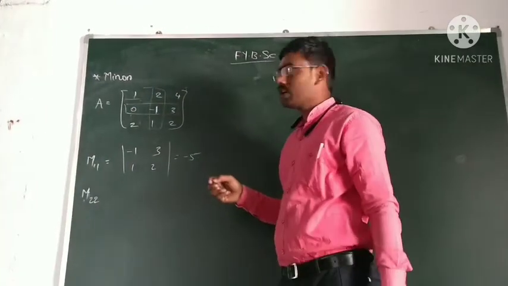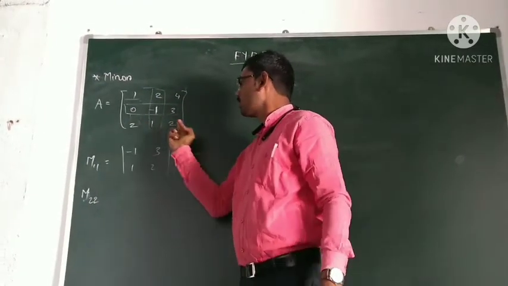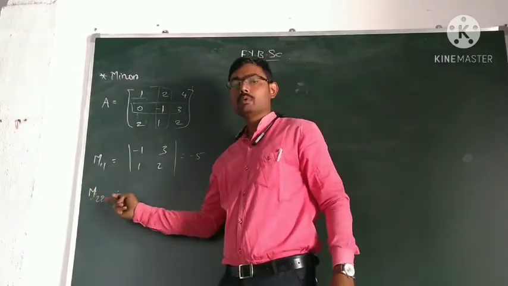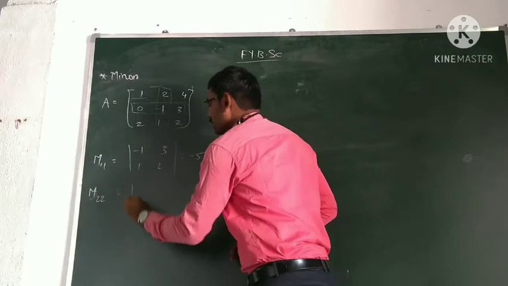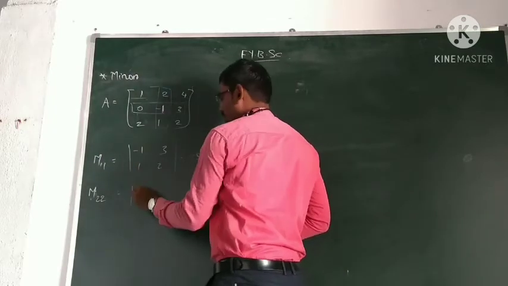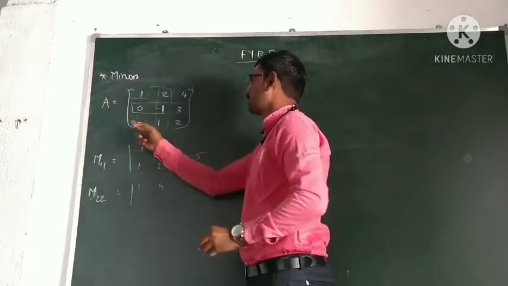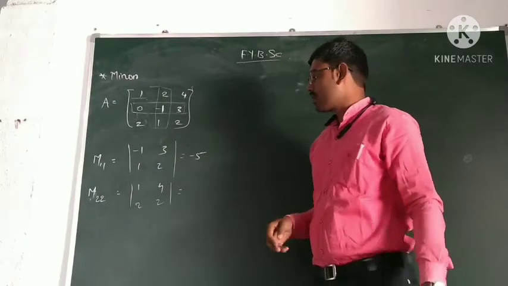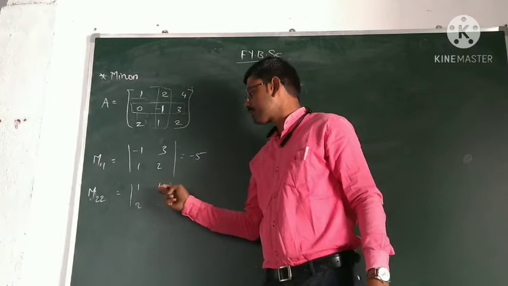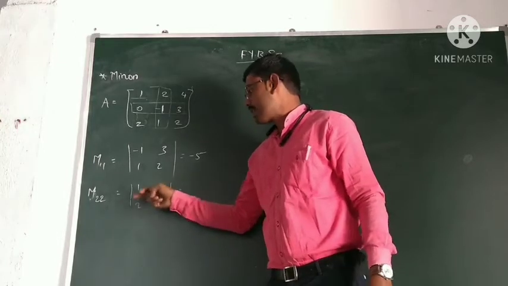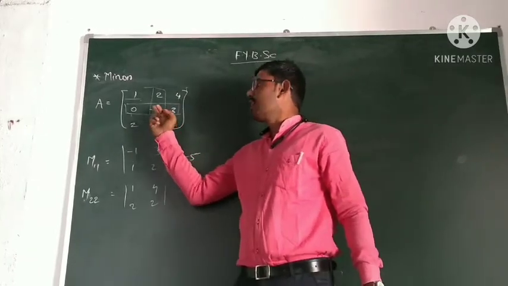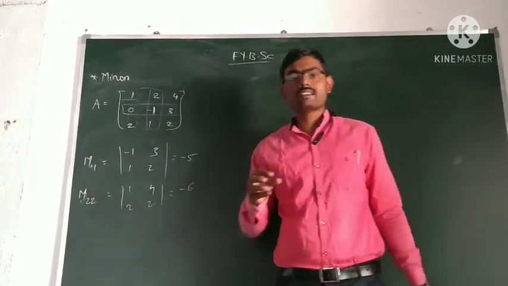What remains? 1, 4, 2, 2. So the minor of a22, which we write as M22, is equal to the determinant of the submatrix [1 4; 2 2]. So what is the determinant? 2 into 1 is 2, 4 into 2 is 8. 2 minus 8 is -6. This is the minor of the element a22. So what is minor?